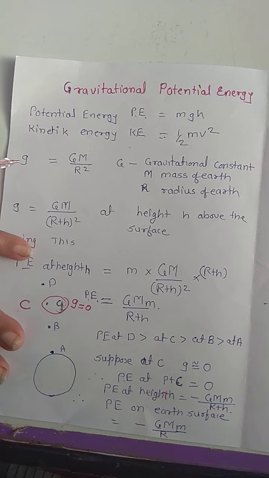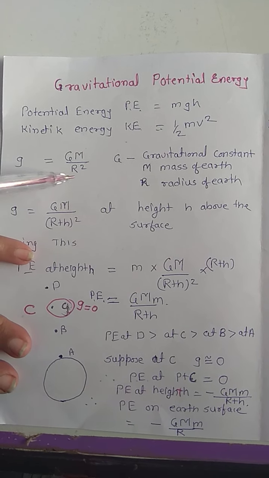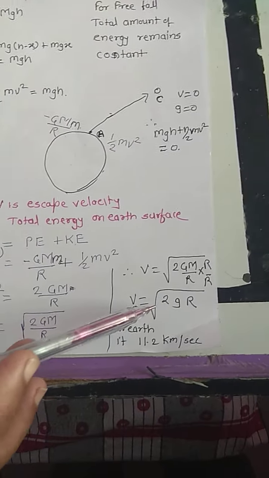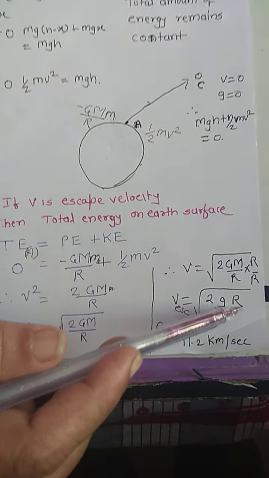But we know that g is equal to GM upon R square. That gives us v escape is equal to square root of 2gR.